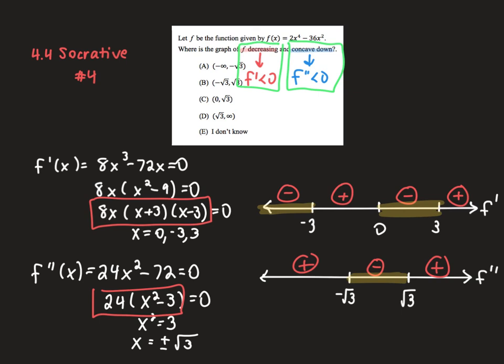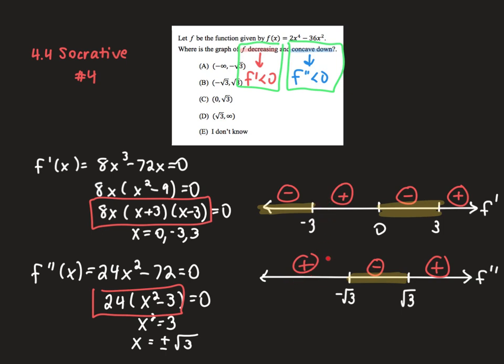To find where both of these are happening, I need to consider both of these sign charts together. The yellow highlighted parts are the intervals I'm interested in, and I'm looking for where they're both occurring. I can see in this part right here, I'm meeting that requirement for f prime, but not for f double prime because I'm not highlighted here.